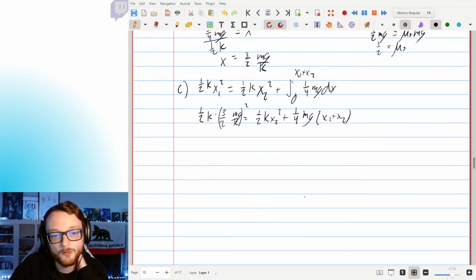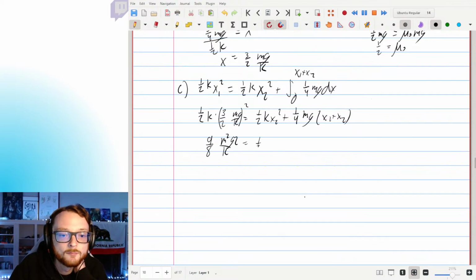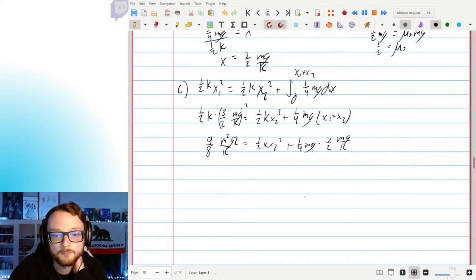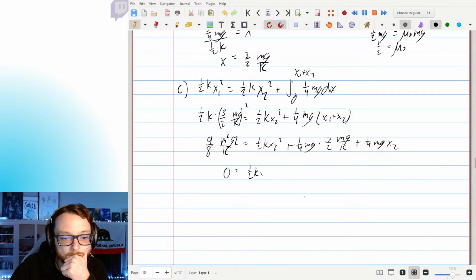Integrate. Oh, use the integrate the forces to get energy. Okay. 3/8 m squared g squared over k.